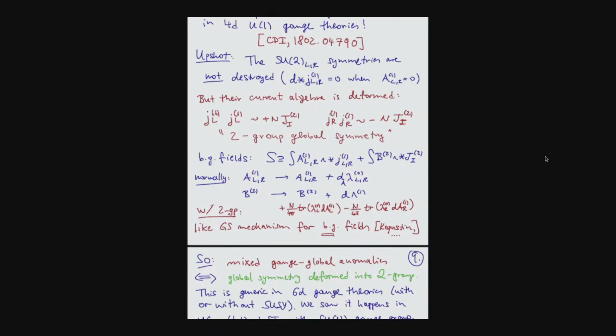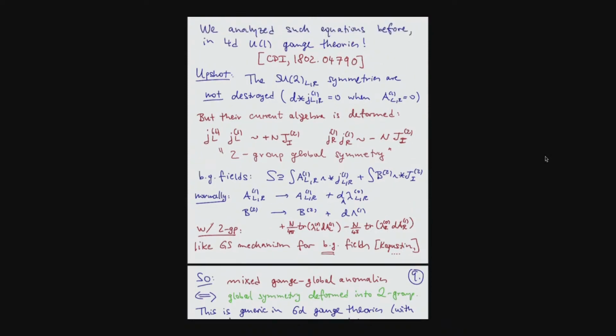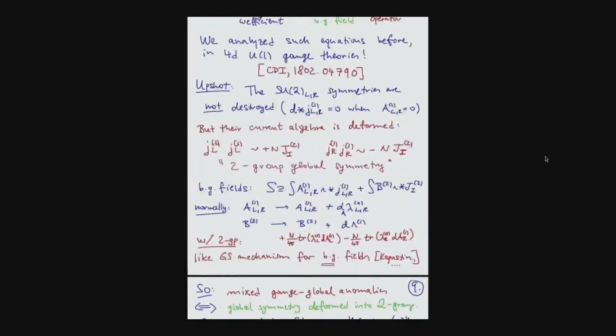You might be referring to the fact that two-groups in general are characterized by a non-trivial associator. And you can see that here as well. If you wish, it's all encoded in the OPE of these currents. But if you want to see the actual associator, what you can do is integrate the currents to make charges.